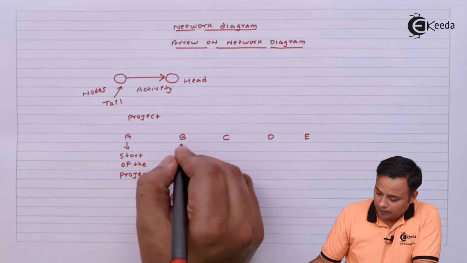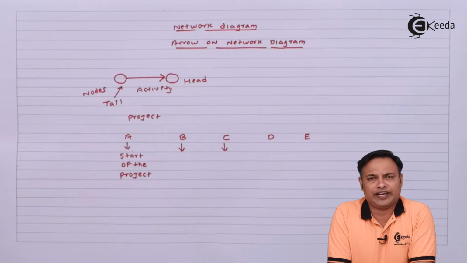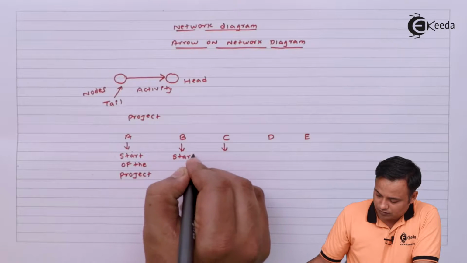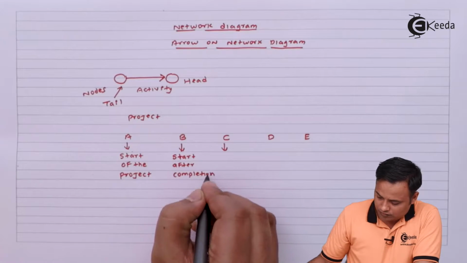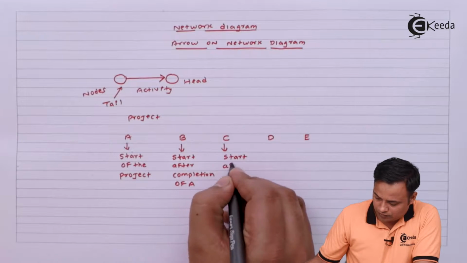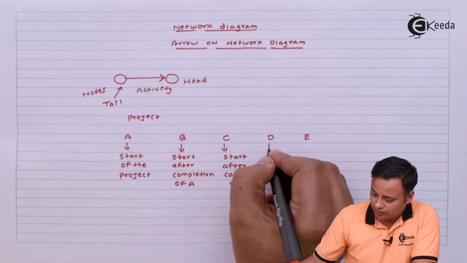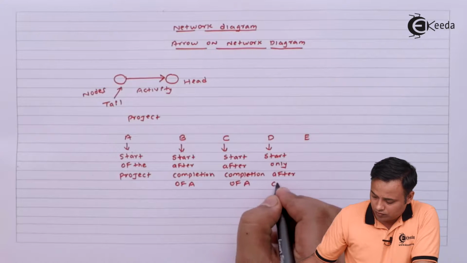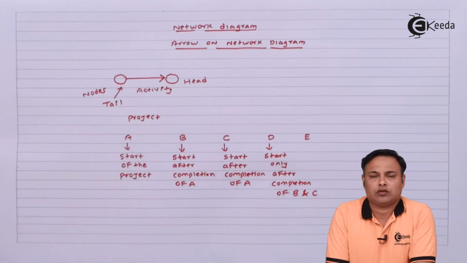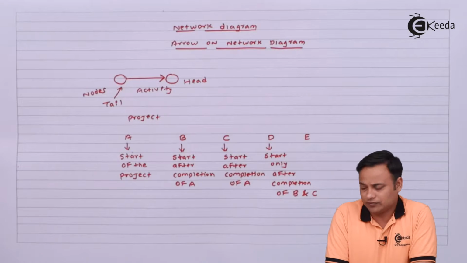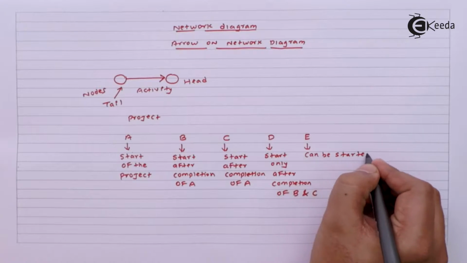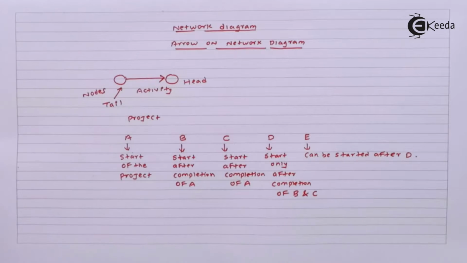Then we have B and C, which can be completed after A. Let's say we can start D after completion of B and C. And at last we can start E after completion of D. Now such a sequence, relationship or following of the preceding activities will always be defined in the question itself.